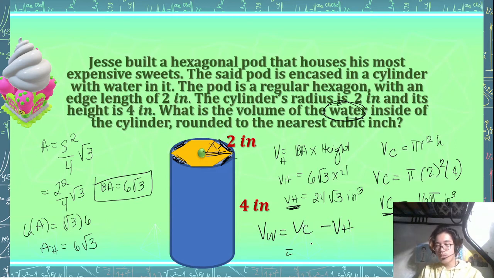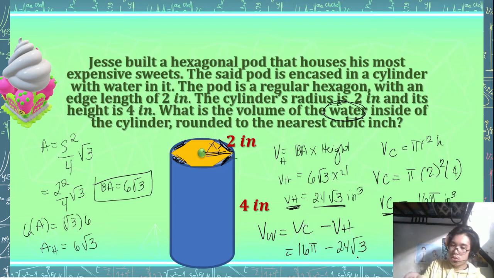So what's the volume of the cylinder? That's equal to 16 pi cubic inches. And what's the value for the hexagonal pod? That's 24 multiplied by square root of 3 cubic inches. So that's going to give us 16 pi minus 24 square root of 3.